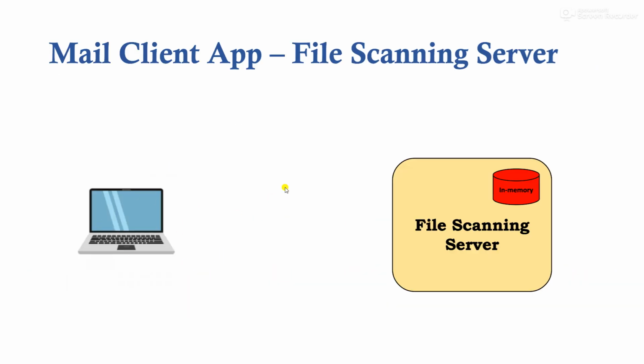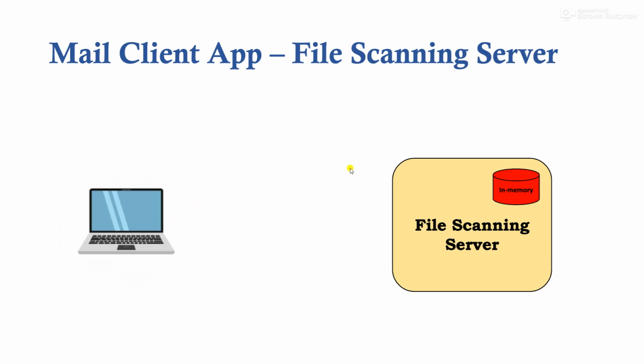All right, so we've already seen this communication that was established between the mail client app and the file scanning server, which is taking place in a certain network perimeter or within a corporate space. And we made it clear that we, as an organization, have built a mail client app that speaks to the file scanning server.